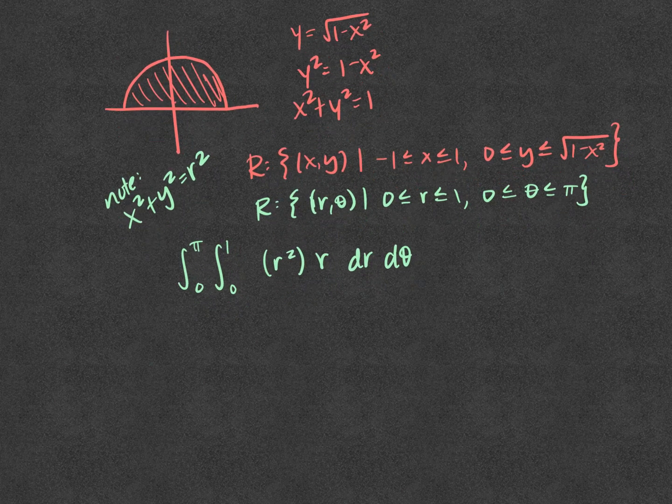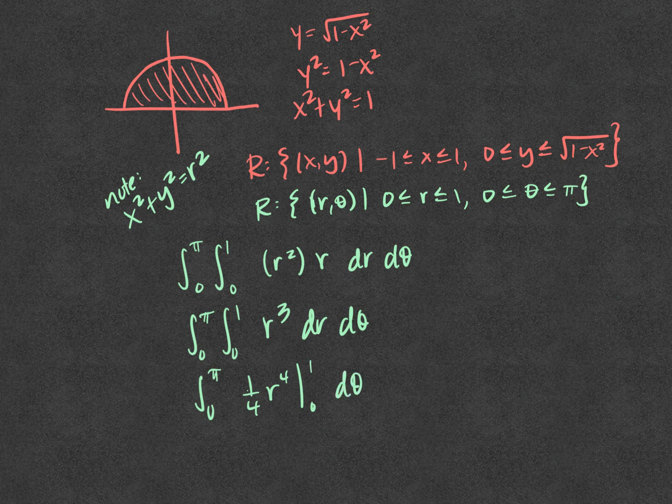So let's go ahead and simplify. We have 0 to pi, 0 to 1, r to the third, dr d theta. When we integrate this, we get 1/4 r to the fourth, where r goes from 0 to 1, d theta. That's not too bad.